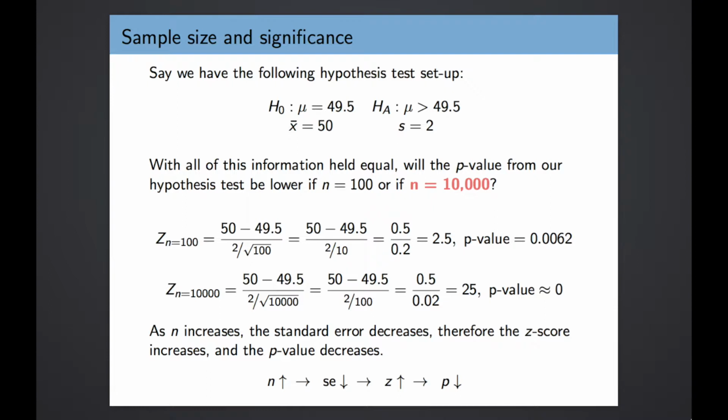So when our sample size increases, our standard error is going to decrease, which means that the z-score will be higher, and high z-scores are associated with low p-values. So a larger sample size is associated with smaller p-values, more statistically significant results.